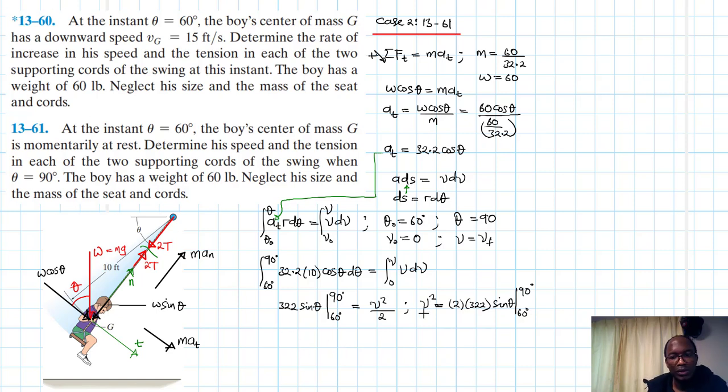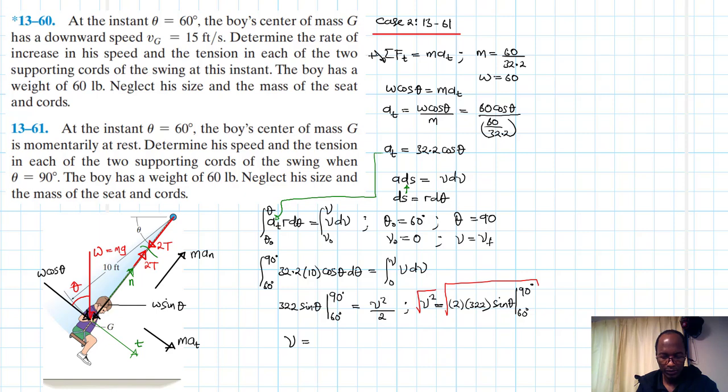Taking the square root of both sides, then we'll have our v is just equal to 2 by 322, times in brackets sine 90 minus sine 60.